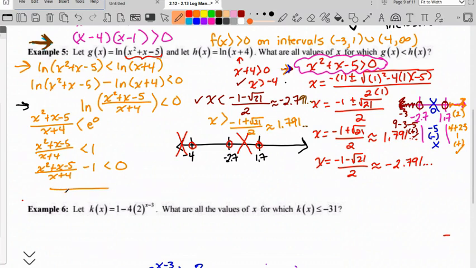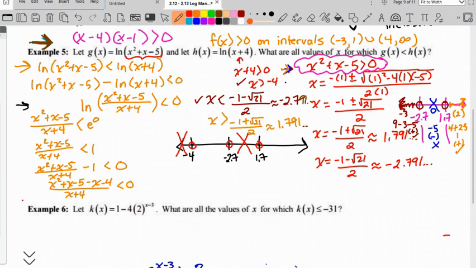So if I want to write that over the common denominator of x plus 4, I've got my x squared plus x minus 5. And what does 1 look like over x plus 4? It looks like (x plus 4)/(x plus 4), but we're supposed to subtract it, so it'll be negative x minus 4 over x plus 4. So that is my -1, and just combining that over a common denominator, that's less than 0.